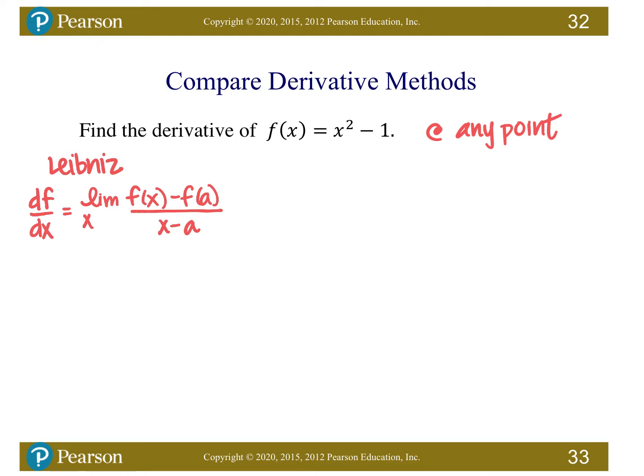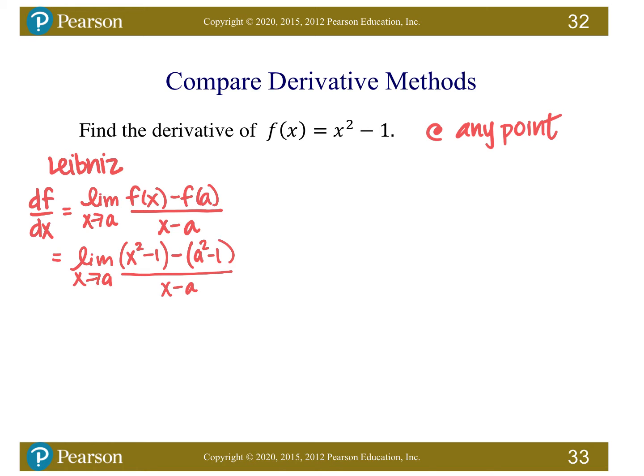And so x would approach A. So that's how we'd get that set up. All right, so f of x is the original function, x squared minus 1. I usually put that in parentheses. And then minus the same function with a in it, so a squared minus 1, all over x minus a.